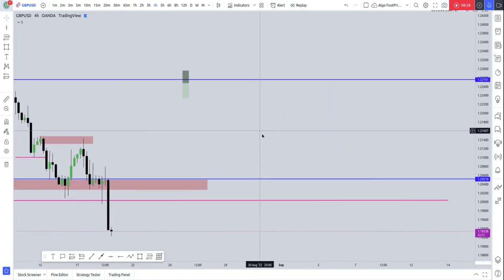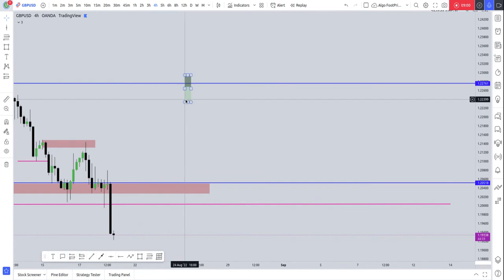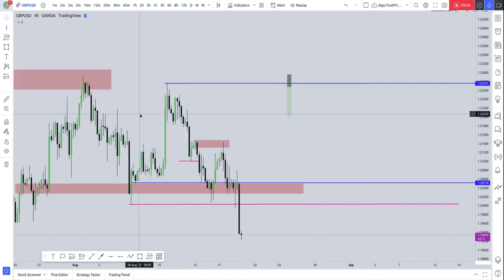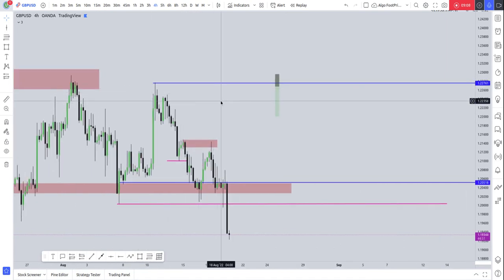Okay, so now this green area is a bullish candle that has taken this buy side liquidity. Now the dark area that I have added represents an H4 candle leaving a wick here and closing below this horizontal line.